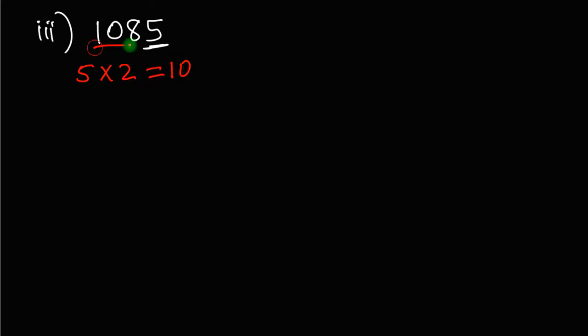Then we have the remaining digits, which is 108. So we have 108 minus 10. We shall get 98. 98 is divisible by 7.